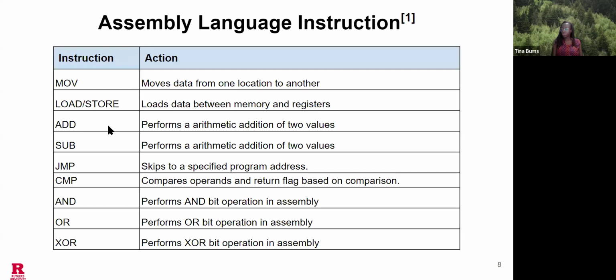Similarly, if you wanted to perform some sort of arithmetic operation like adding and subtracting, these would be the commands that you use, and so on. For the jump, skipping to a particular thing, comparing two things, and of course the bitwise operators that you would use to handle certain commands, right? These are all your assembly language instructions that you can use.